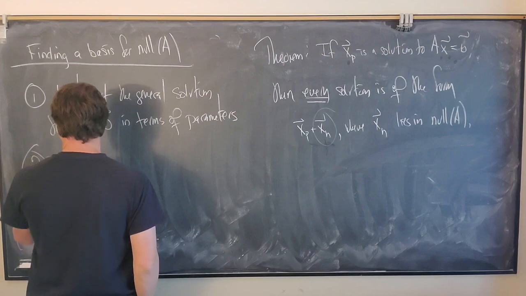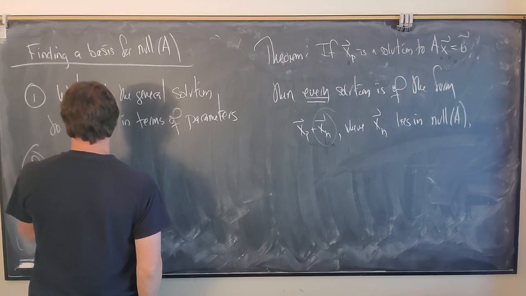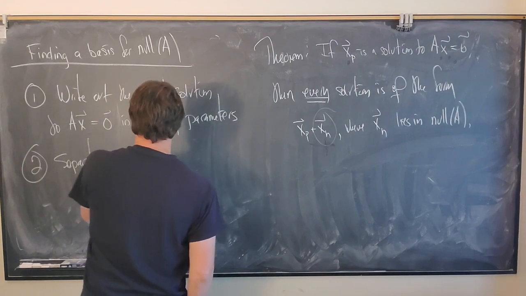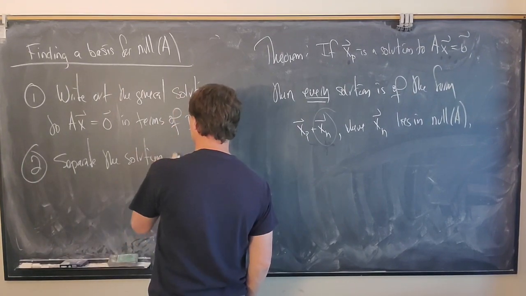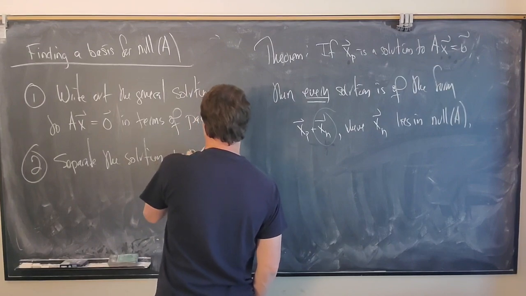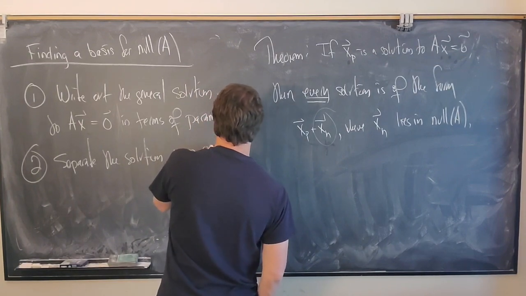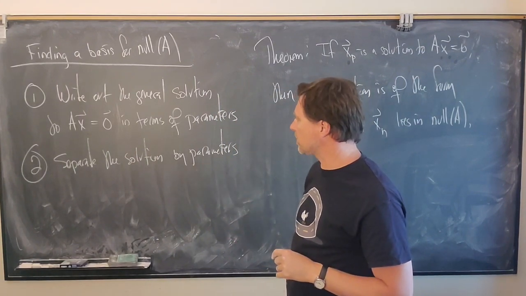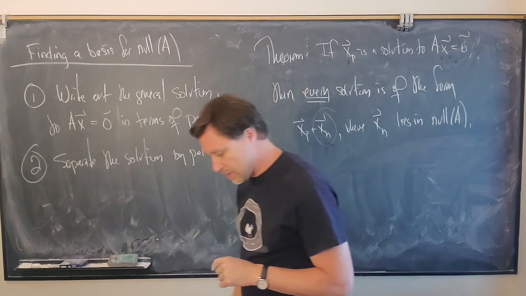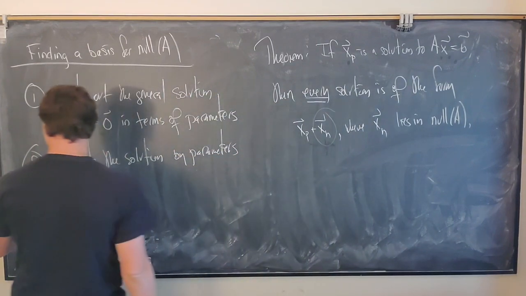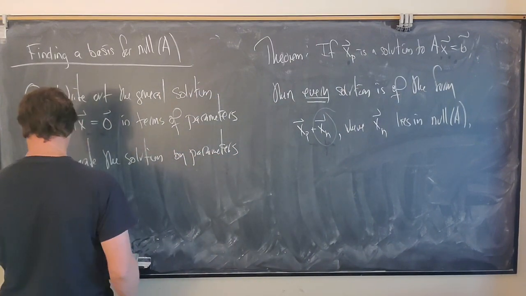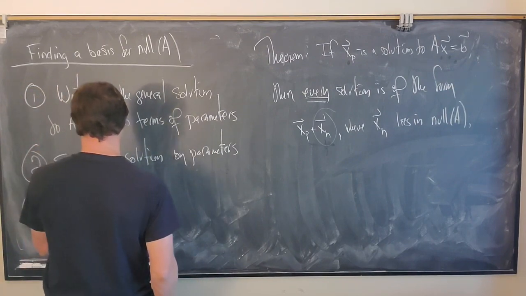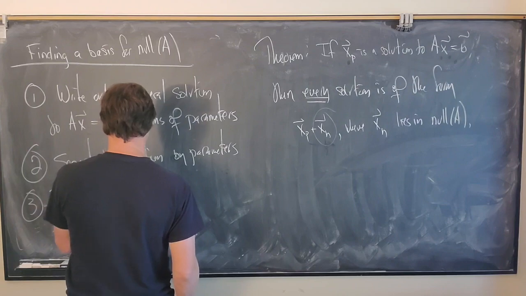So separate the solution by parameters. I'll do an example and hopefully you'll see what I mean. I've already done this a few times though, but separate the solution by parameters. And then factor out each parameter.